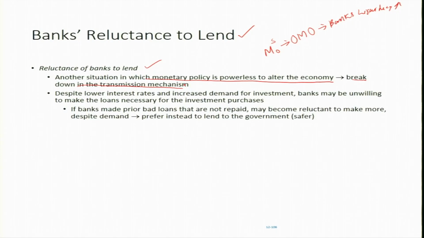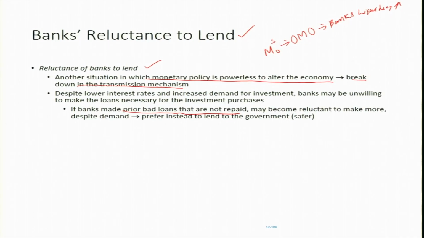So despite lower interest rates and increased demand for investment, banks may be unwilling to make the loans necessary for investment purchases. If they have lots of NPAs, for example, if banks made prior bad loans that are not repaid, they may become reluctant to make more loans despite an increase in demand.